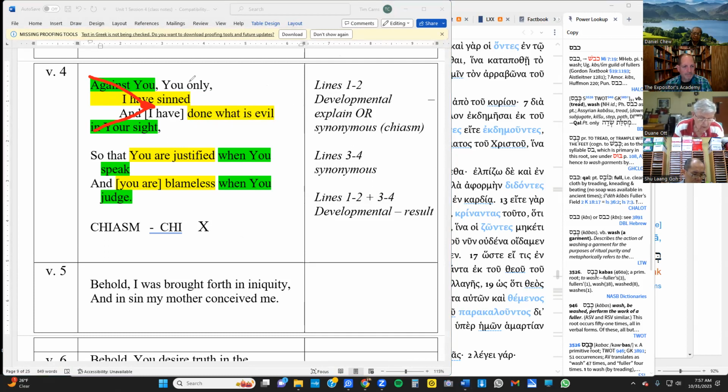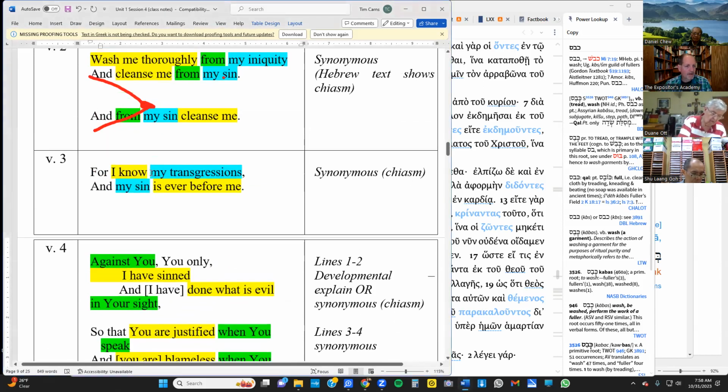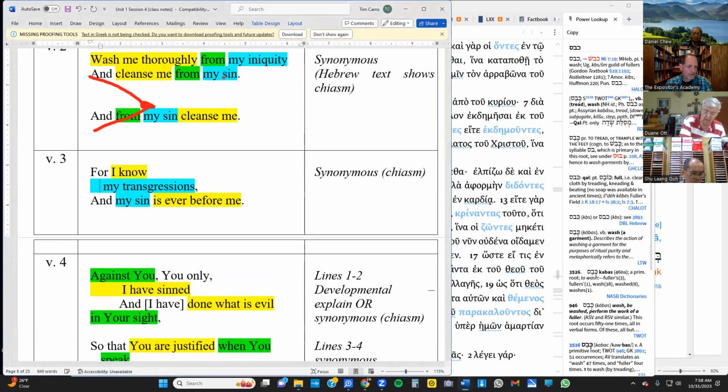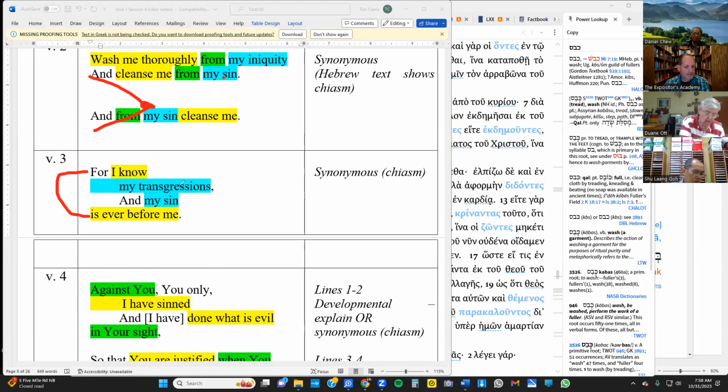We could go up to this line. For I know my transgressions and my sin ever before me. So again, the first line parallels the last line, and then the second line parallels the third line.